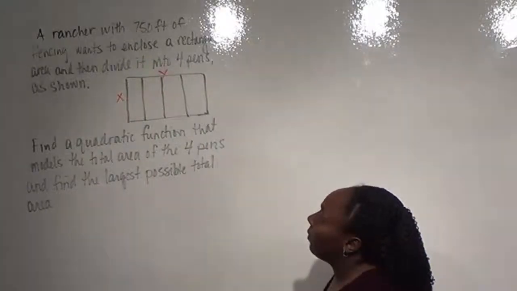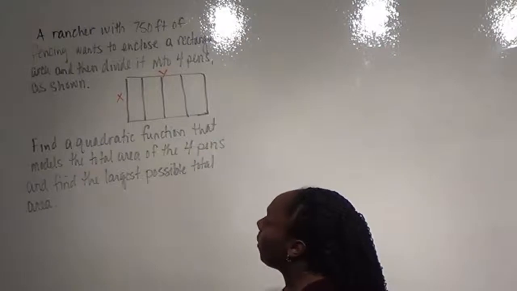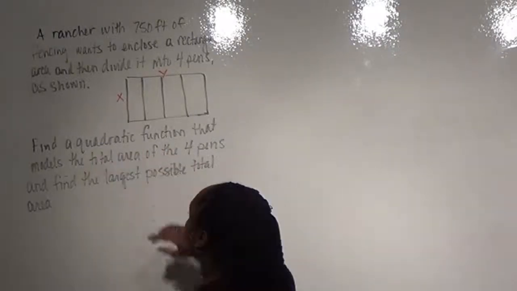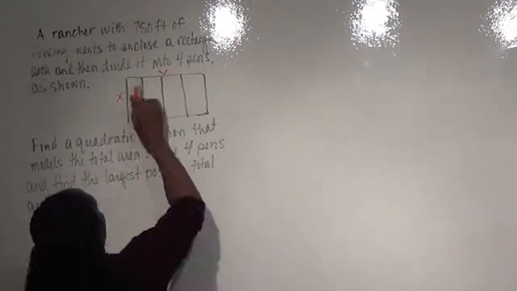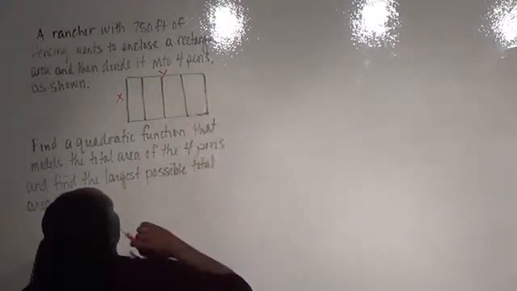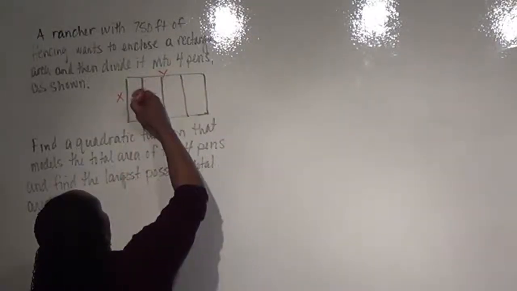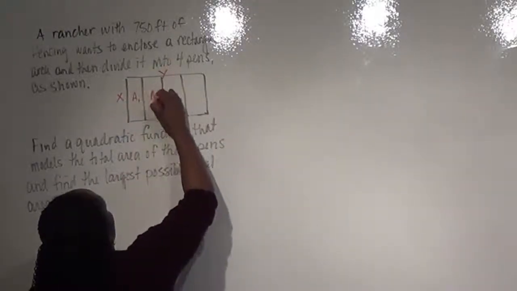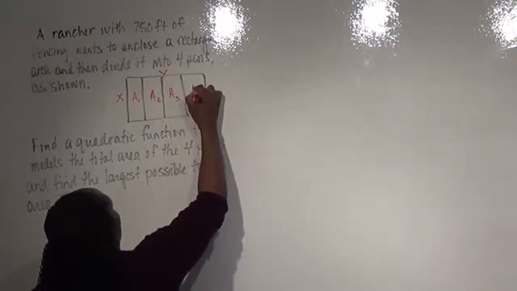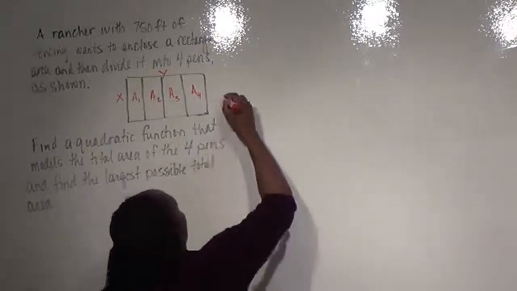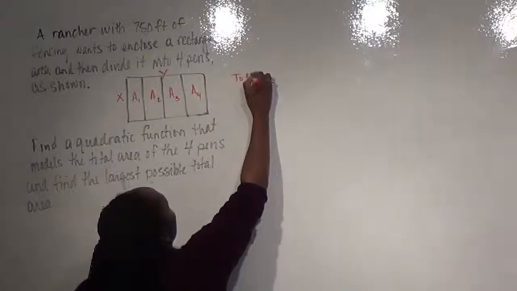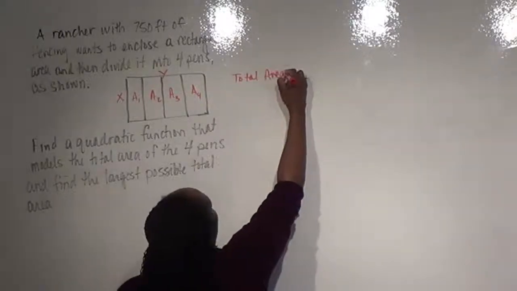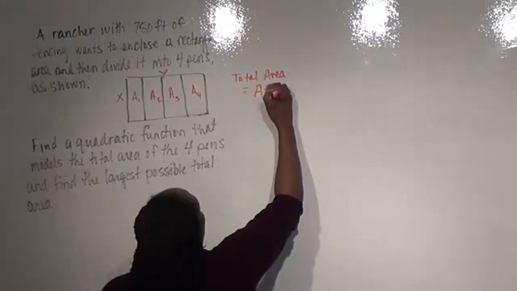Okay? And so if we look at the quadratic function that models the total area, well, the total area can be determined by x times y, right? So it doesn't matter if I look at the area here, here, here, and here. The total area is basically going to be the sum of those.